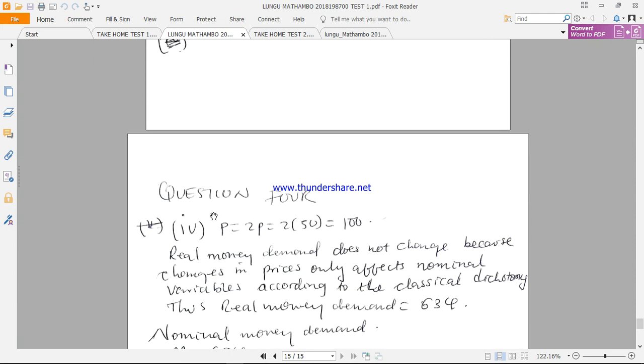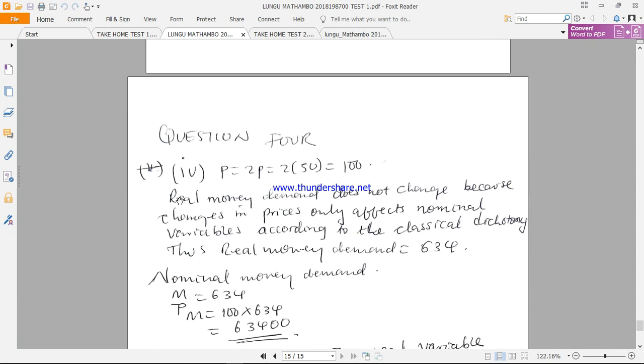So let's do that. If the price doubles, we expect it to be 100. There's a comment here: real money demand does not change because changes in prices only affect nominal variables, according to the classical dichotomy. Thus, real money demand is not going to change. You remember the classical dichotomy, where there's a separation between nominal variables and real variables. With the classical dichotomy, we said that changes in price levels, inflation, only affect nominal variables, not real variables.